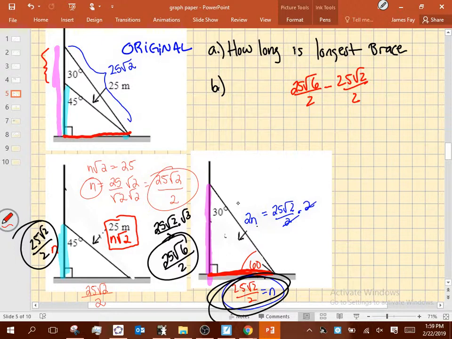Speaking in our course, if I can round at the latest spot possible in my question, that's when I'm going to do it, okay? And rounding here, once I have the exact answer, rounding that exact answer is the latest point in time in which I can round. Does that make sense? If I were to take the 25 radical 2 over 2 right away and round that, because that number eventually gets doubled, and then eventually gets multiplied by radical 3, if I had rounded it early on, then those two numbers are really off.